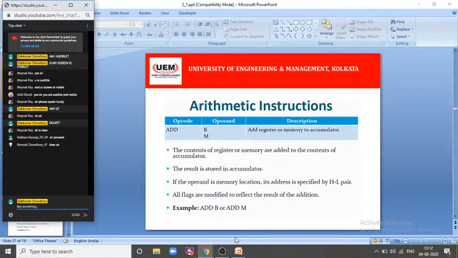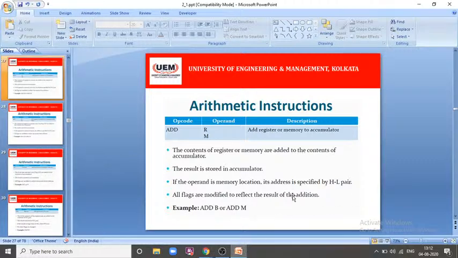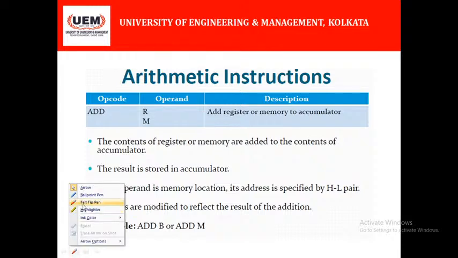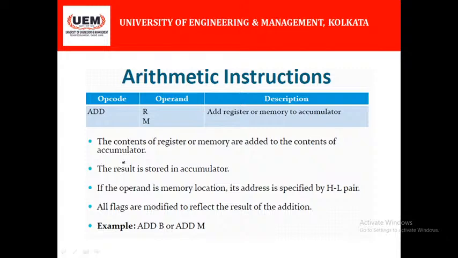So we can proceed further by starting with the ADD instruction. In the case of the ADD instruction, it is the first arithmetic instruction that we have. ADD is the mnemonic or opcode, and in the operand position we can write either a register or a memory location.